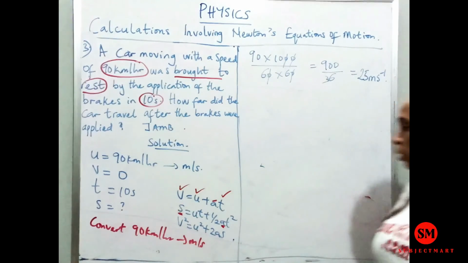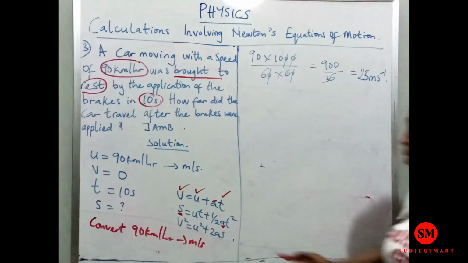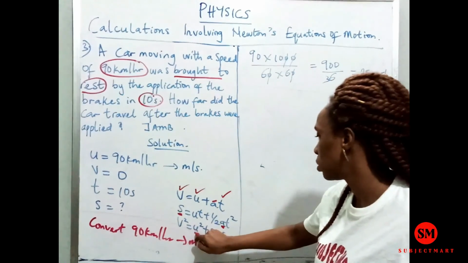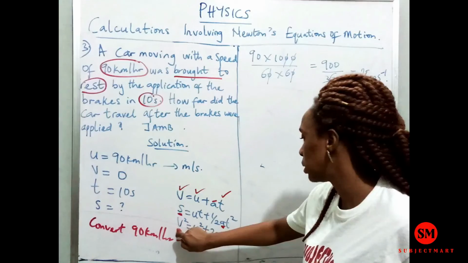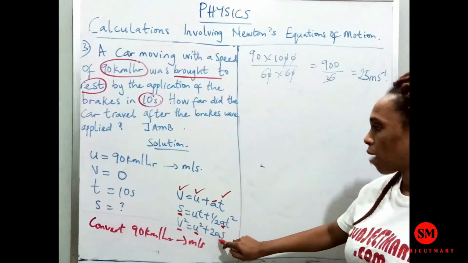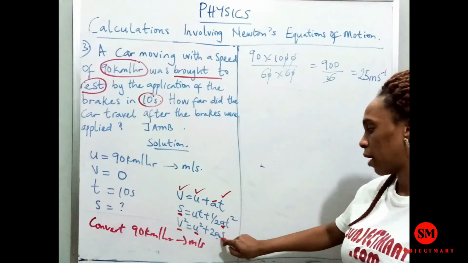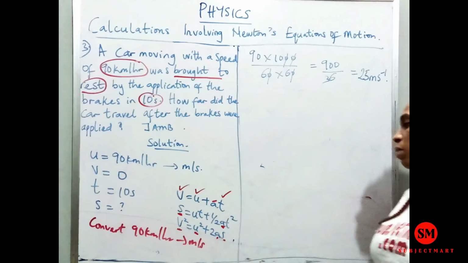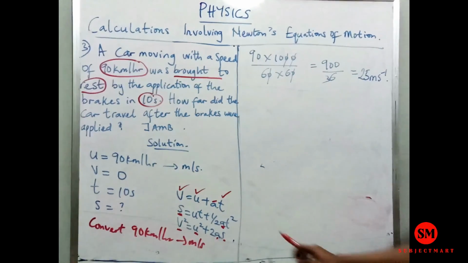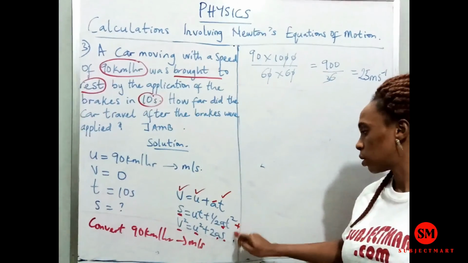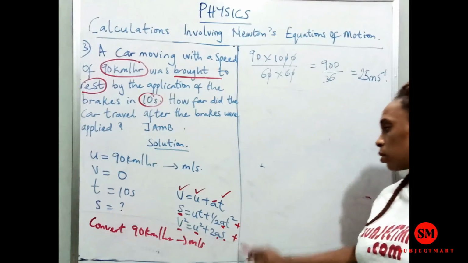Then let's move to the third. We have U, we have V, we don't have A and we don't have S. So we can't use the second nor third.